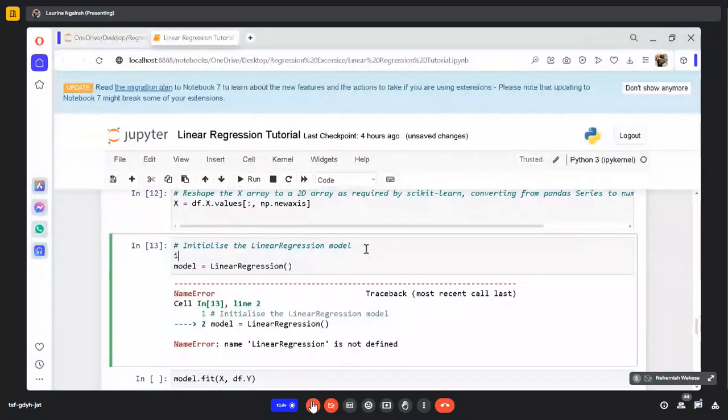So from Matplotlib? No, not from Matplotlib, linear regression. You have installed Scikit-learn? Yes, I have. Sorry, from Scikit-learn. Yeah, exactly.